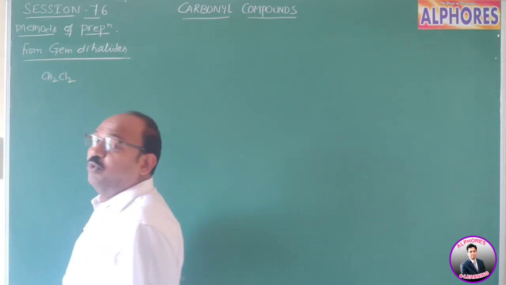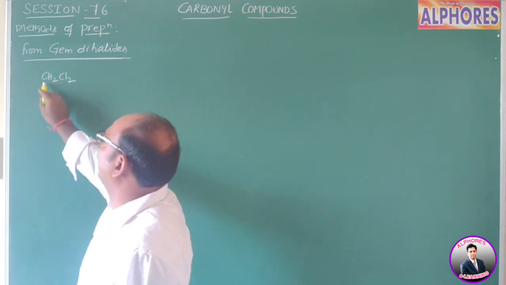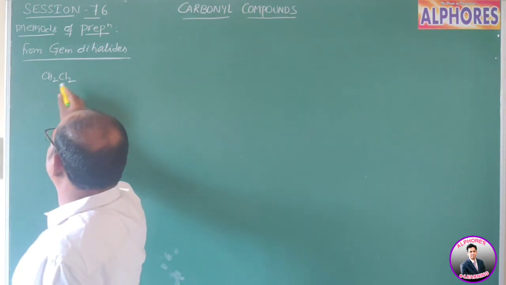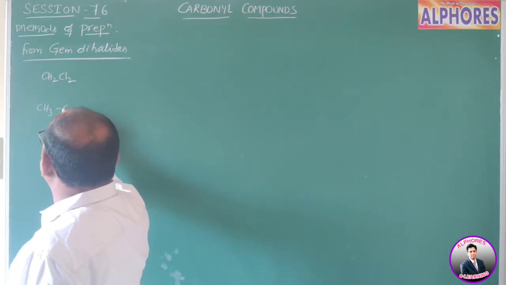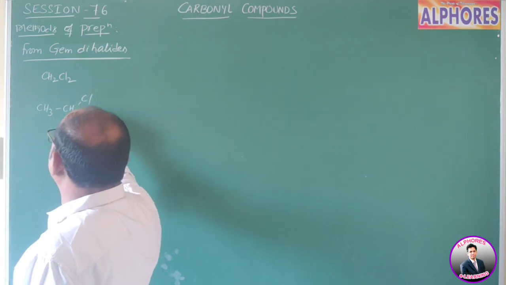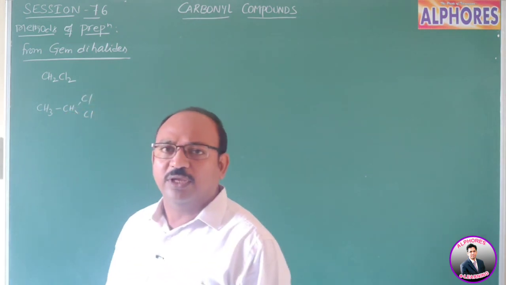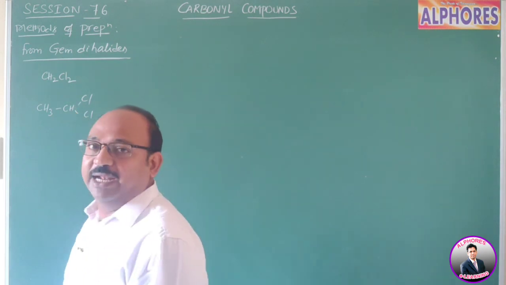In this case, both chlorine atoms are attached to the same carbon. This is called methylene chloride, and 1,1-dichloroethane. These are gem dihalides.